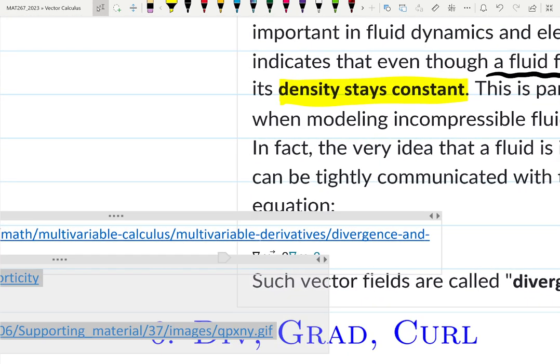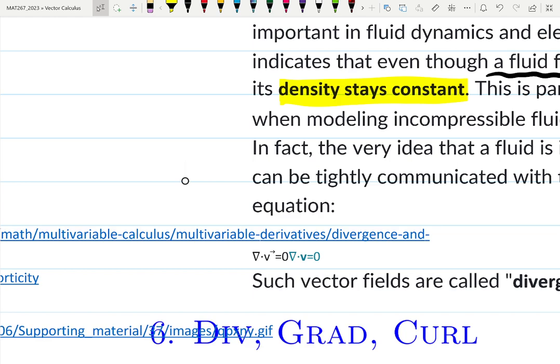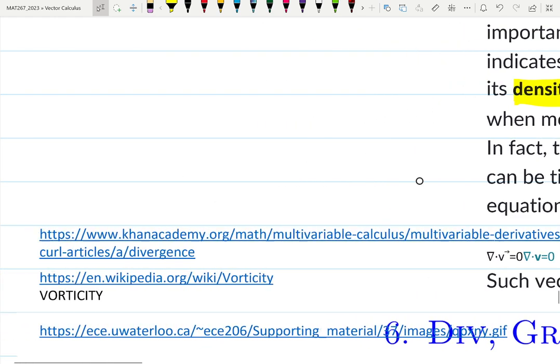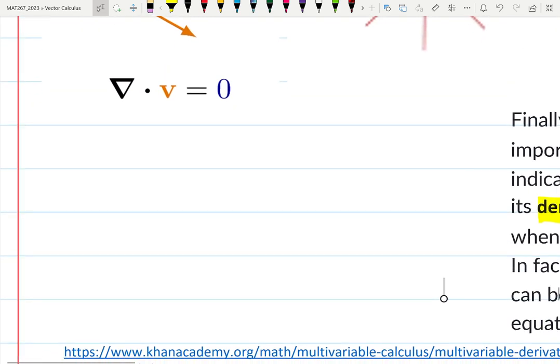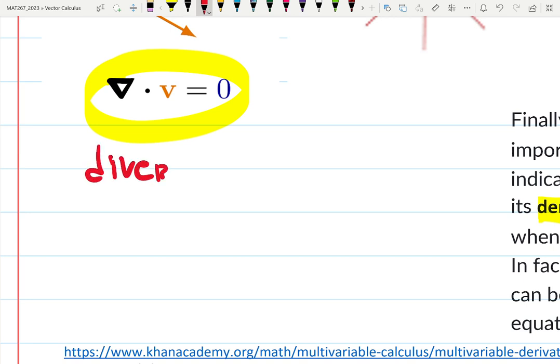In fact, the very idea that a fluid is incompressible can be tightly communicated with the following equation. Let me make it bigger. The gradient dotted with V. If this product gives you 0, this field is called divergence free. Pretty cool idea, divergence free. That means they don't diverge.